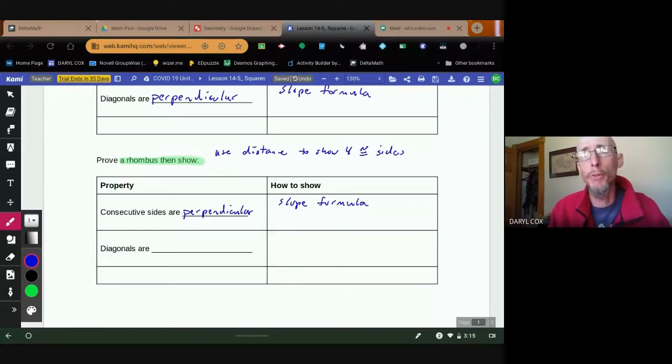What about the diagonals? What is true about the diagonals of a rectangle? They are congruent. So I can use which formula to show my diagonals are congruent? The distance formula. Good.